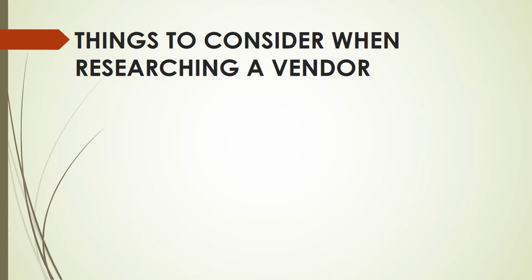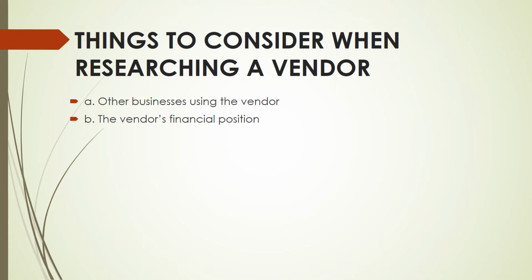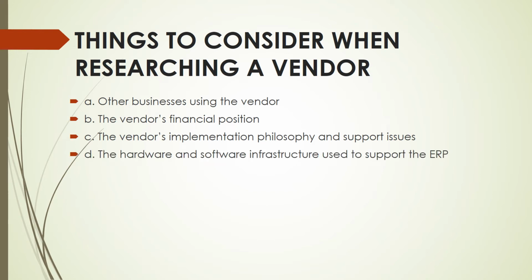So here are the things to consider when researching vendors. First, other businesses using the vendor. Second, the vendor's financial position. The third consideration is the vendor's implementation philosophy and support issues. Fourth, the hardware and software infrastructure used to support the ERP.